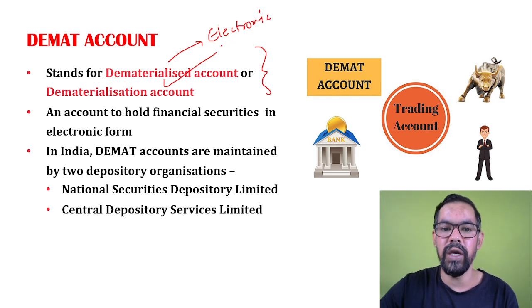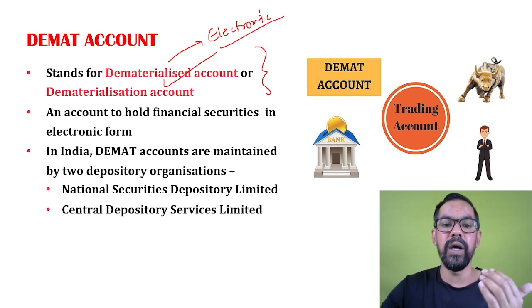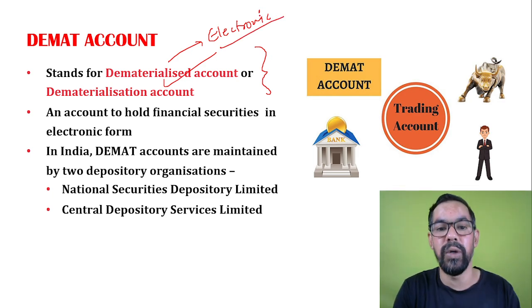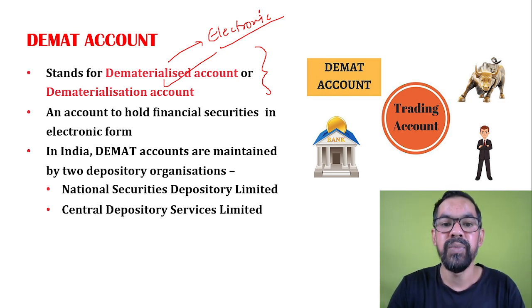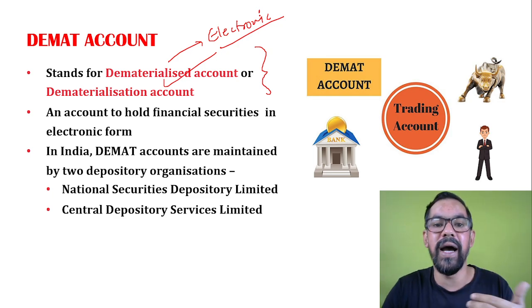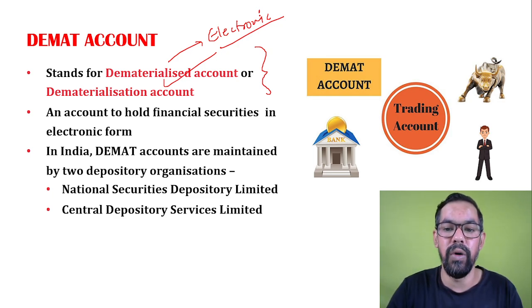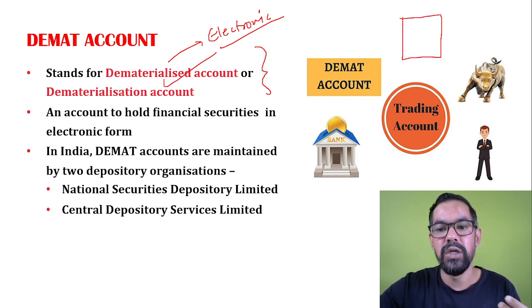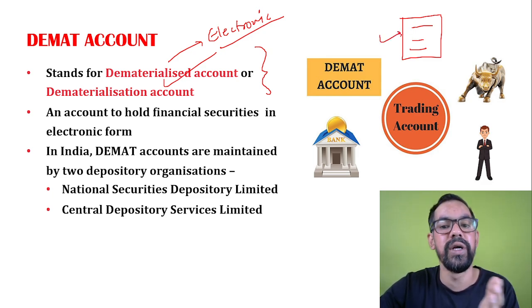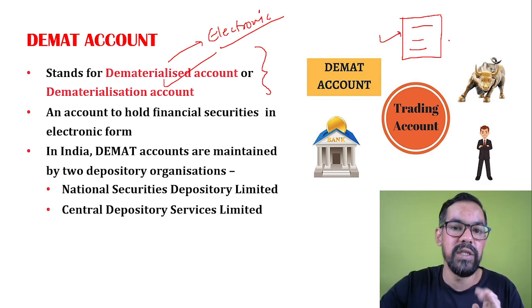electronic form. So these are the accounts where you can hold shares in electronic manner. Previously, when we did not have the DEMAT account system, when you purchased any shares or bonds, the issuing entity would issue you some certificates. When you hold things in certificates, there are many risks associated with these certificates and documents.